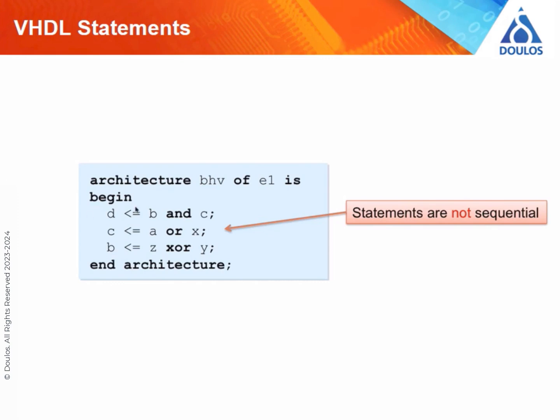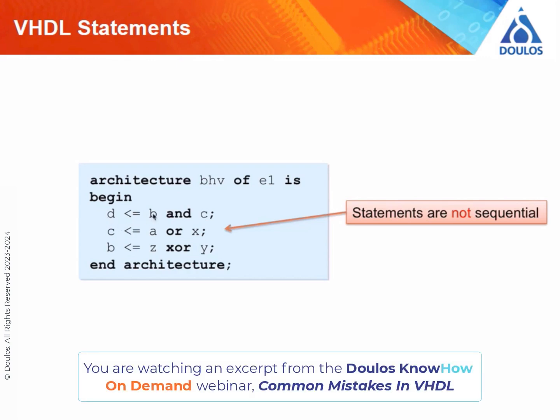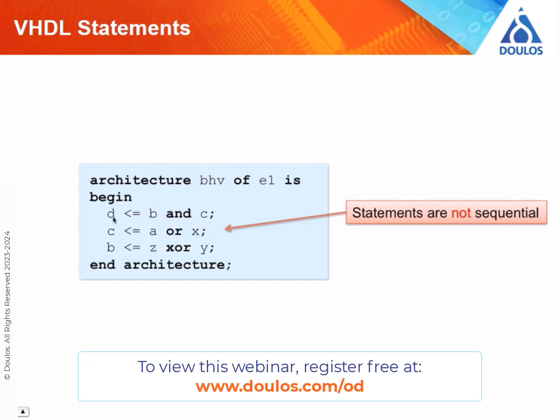What happens is that each of these statements acts kind of like a little process where the inputs, for instance, in this statement right here, would be B and C. And then when there's an event on B or an event on C, then this statement would be executed, and it would calculate the value for D based on what the current values of B and C are, and then assign to D. Okay, so that's all pretty straightforward, but the key thing here is that the statements are not executed sequentially.